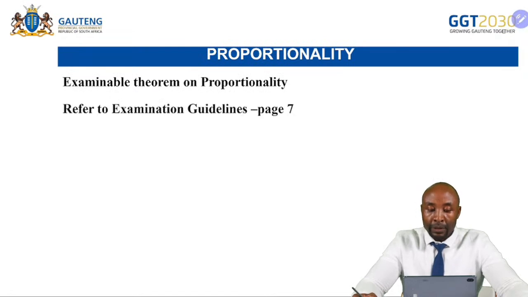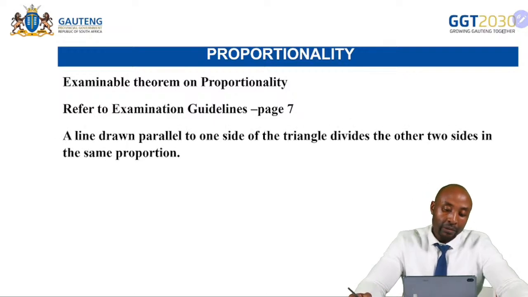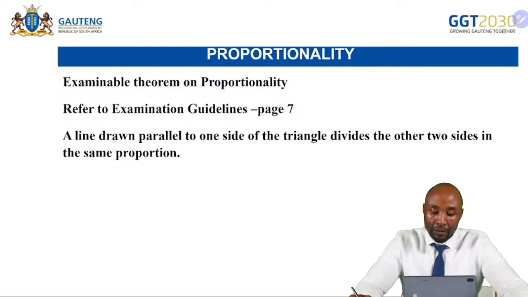For the examinable theorem on proportionality, we refer to the examination guidelines of 2021, page 7. A line drawn parallel to one side of a triangle divides the other two sides in the same proportion.